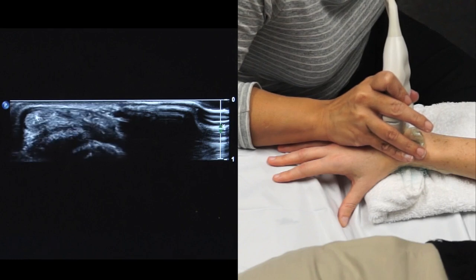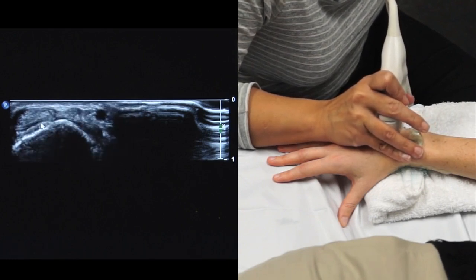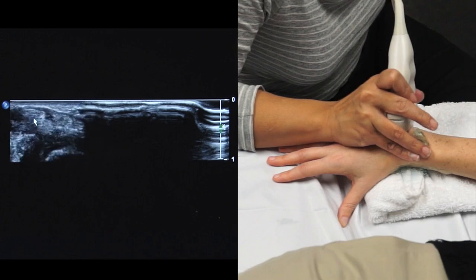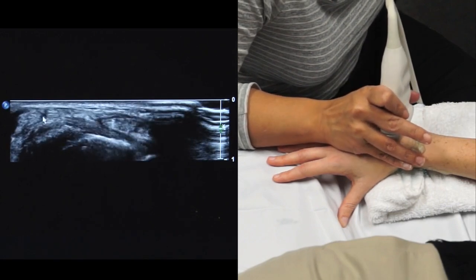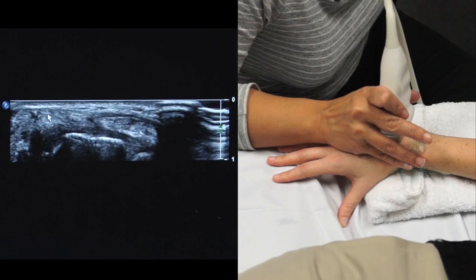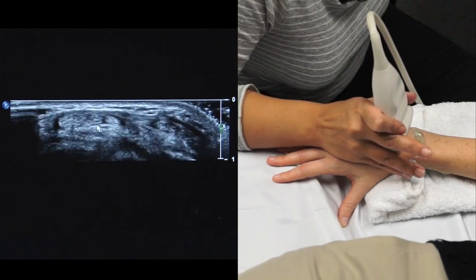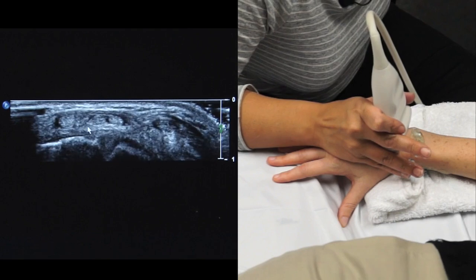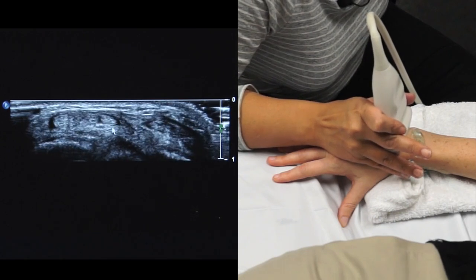And then the sixth compartment holds the extensor carpi ulnaris tendon. Okay, you can follow that. Okay, so sixth compartment, extensor carpi ulnaris, fifth, extensor digiti minimi, or the pinky. Fourth compartment, which is the biggest one, contains the extensor digitorum tendons and the extensor indicis.